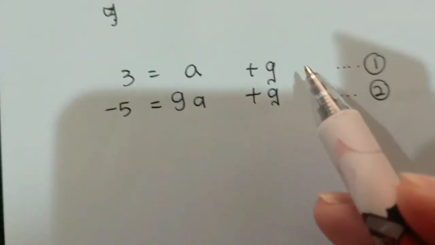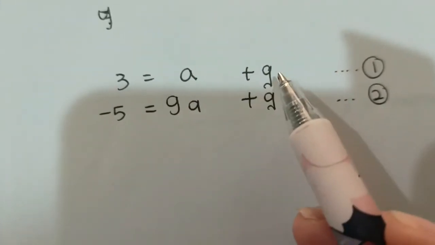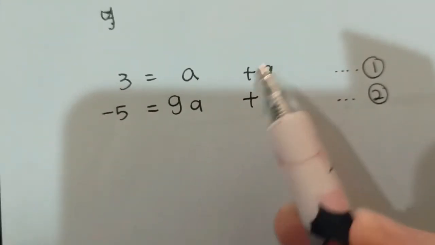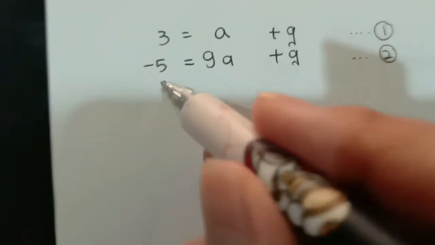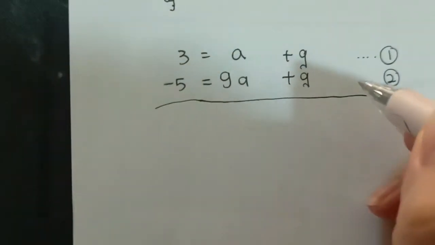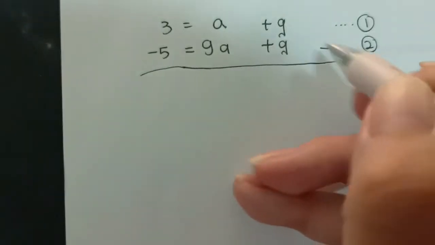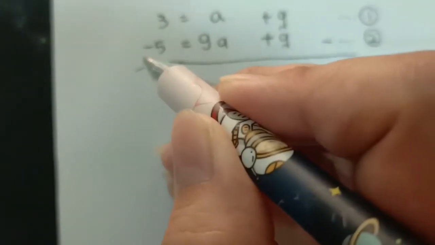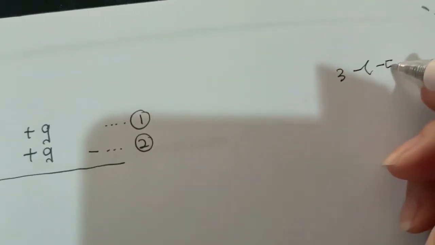Why? Because we want to find both a and q, the simpler way is to eliminate the q. So q − q becomes 0. Let's subtract. Okay, 3 − 5.